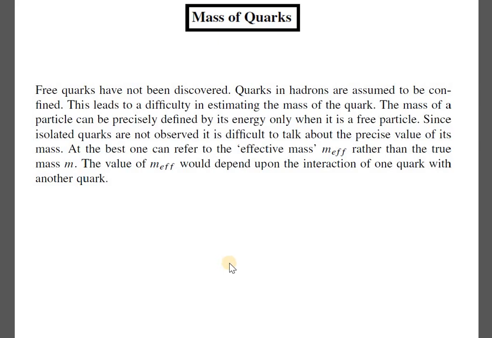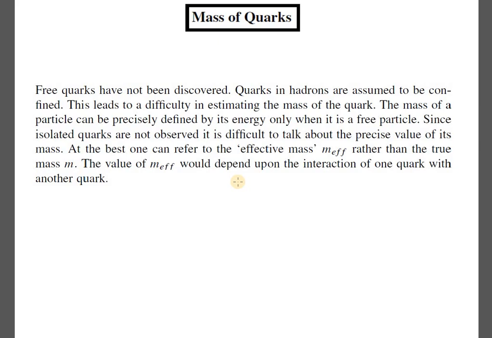At best, what we can do is to refer to the effective mass, M effective, rather than the true mass. Now, the value of M effective would depend upon the interaction of one quark with another. Now, talking about interaction, did I ever talk about the interaction of one quark with another all this time?